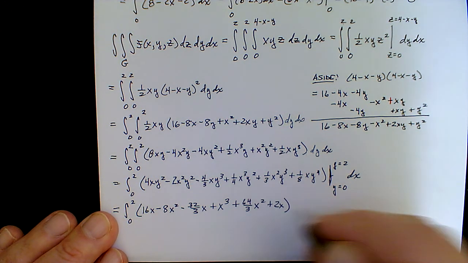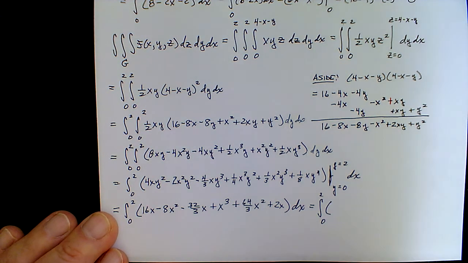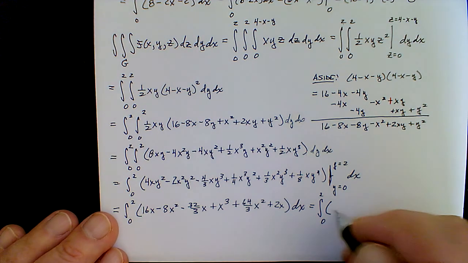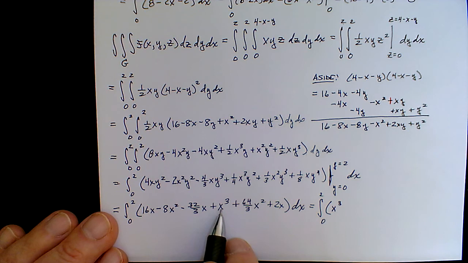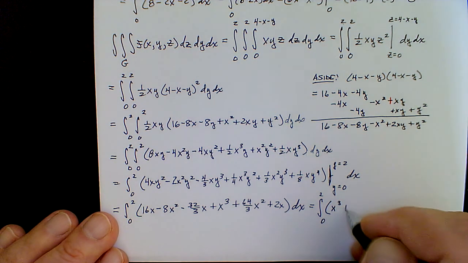So the integral from 0 to 2, see if we can simplify anything here. Well, we got the x cubed, it's going to stay. Minus 24x squared plus 64 over 3 would give us plus 40 over 3 x squared.